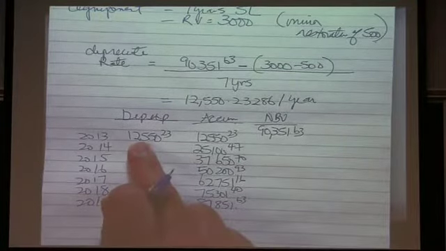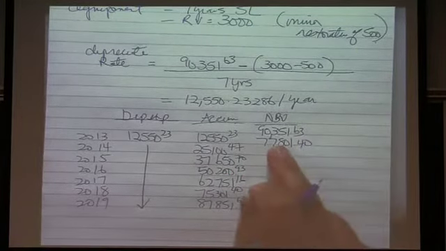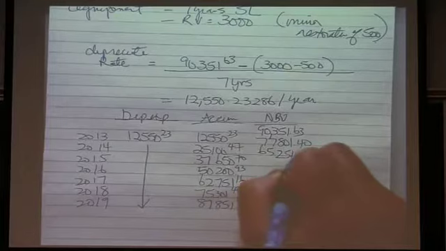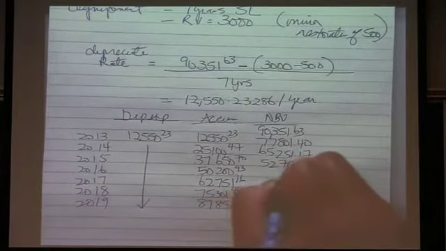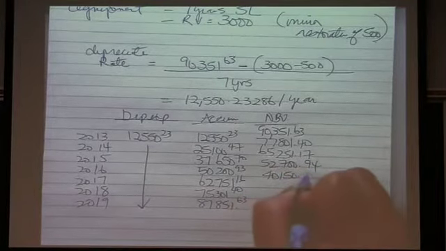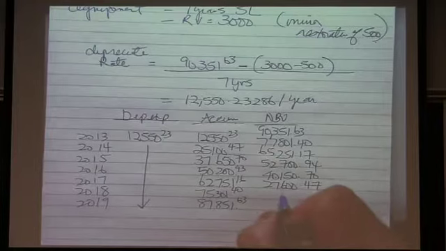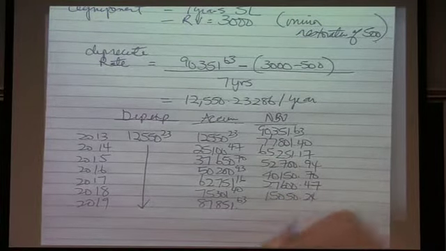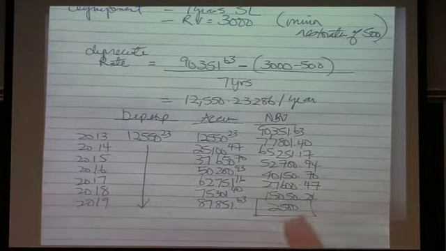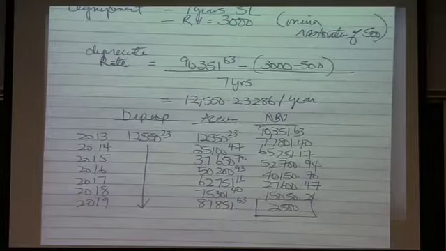Take away the $12,550 to give us a net book value of $77,801. Again, $77,801 subtract $12,550, you should get $65,251.17. And you notice the net book value at the end of its useful life is $2,500, which is essentially the residual value less the minor restoration cost.